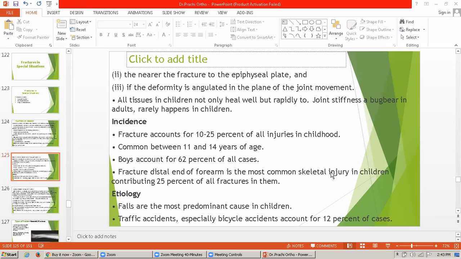The cause is mostly a fall, then traffic accidents, especially bicycle accidents, accounting for 12% of cases.